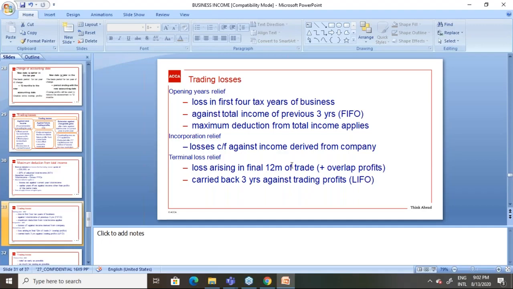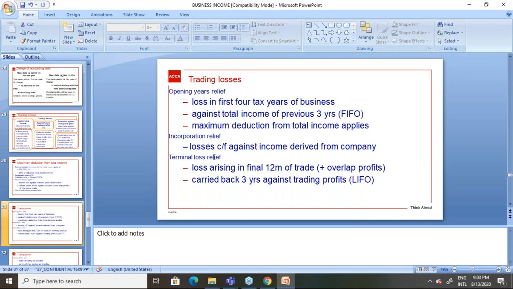You calculate the loss incurred during the last 12 months of the business, and that loss can be carried back for 3 years against trading profits according to last in, first out basis. Here you can set it off against only trading profits according to last in, first out basis. That means the latest one first. Here, the earliest one first.